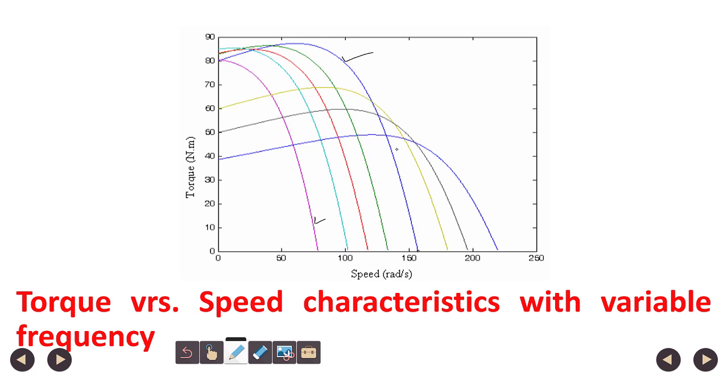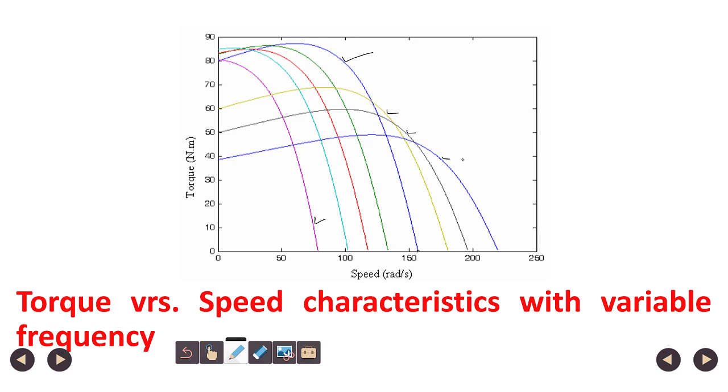So, these 5 characteristics are for reduced frequency below the rated frequency, and when the frequency is increased above the rated frequency, you get the yellow one, then the black one, and then again the blue one. These characteristics are for speeds and frequencies above the rated values.